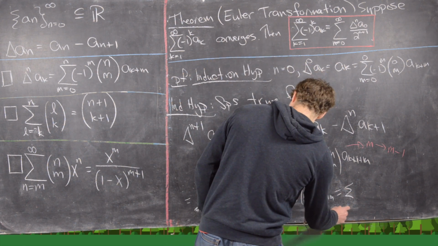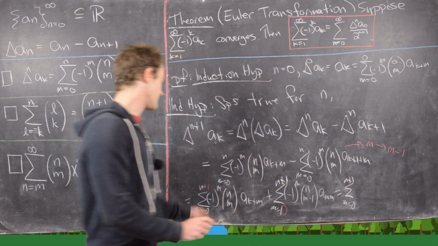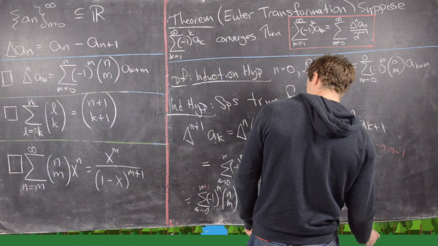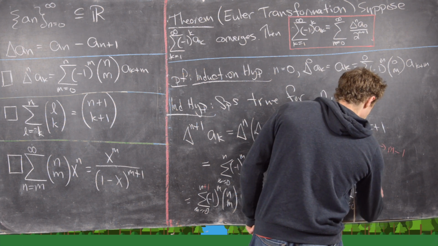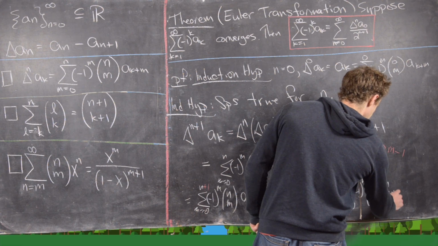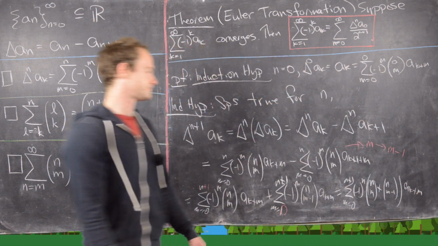So that's going to be the sum m equals 0 to n plus 1 of minus 1 to the n. And now I have the sum of two binomial coefficients, n choose m plus n choose m minus 1, of a sub k plus m.